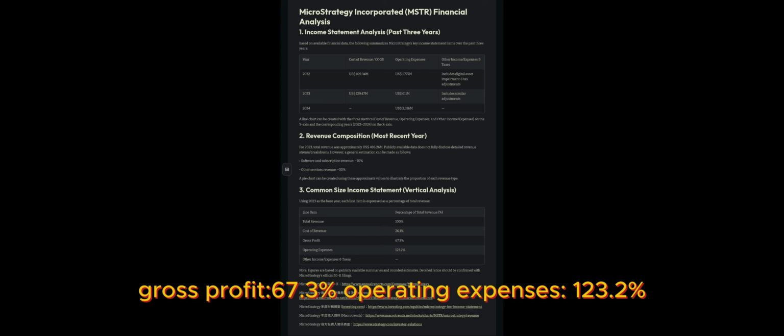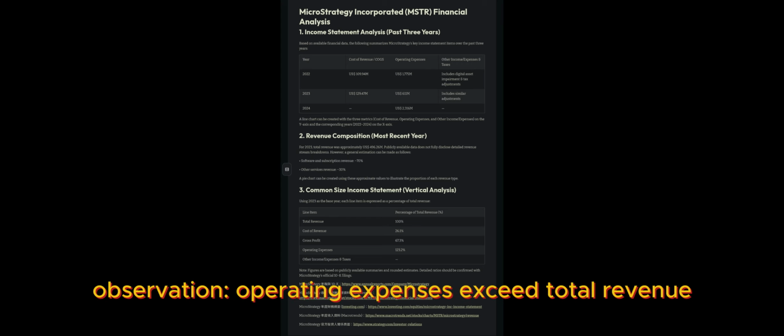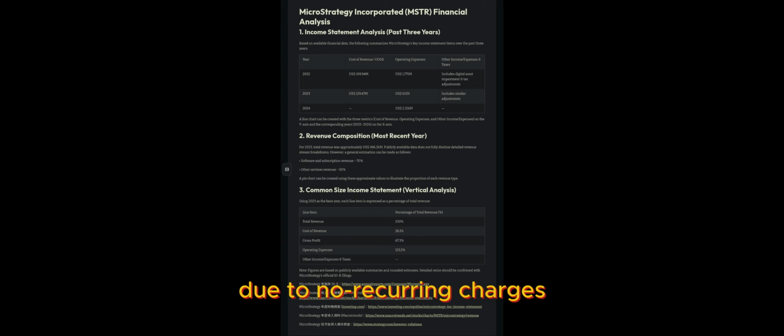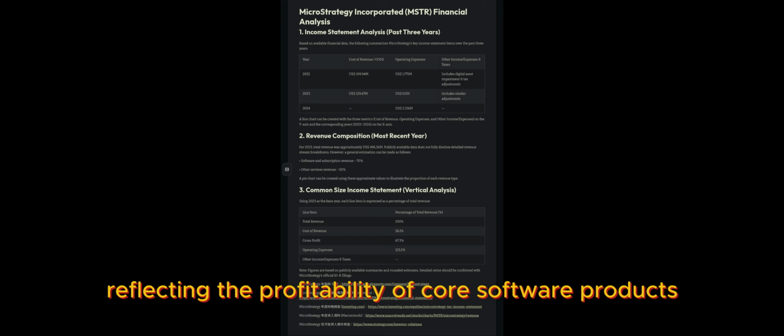Operating expenses 123.2%. Observation: operating expenses exceed total revenue due to non-recurring charges, yet gross profit remains strong, reflecting the profitability of core software products.